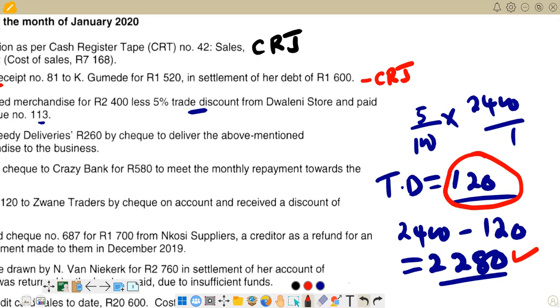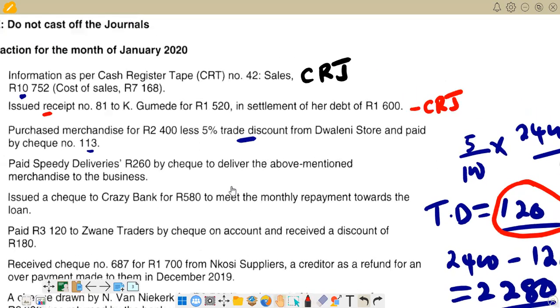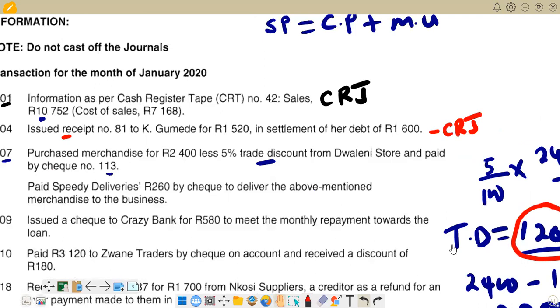Also we need to identify which journal is being affected there. It's a payment. We purchased merchandise, so this is a payment. So it's going to be the cash payment journal.